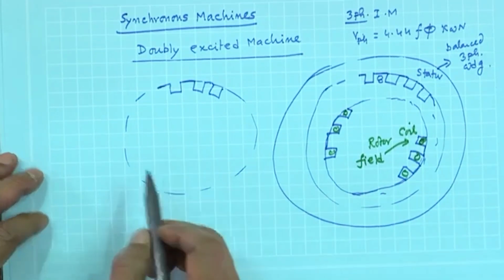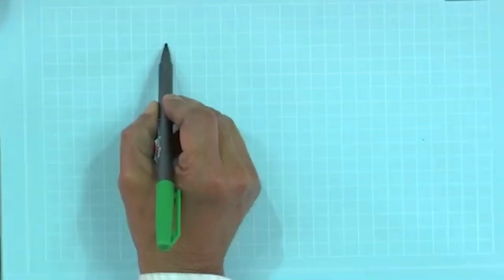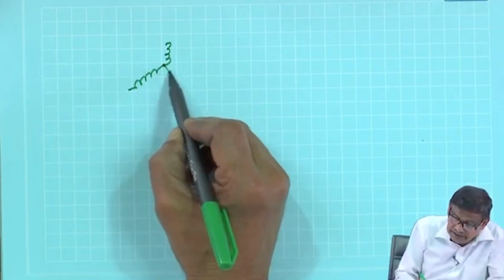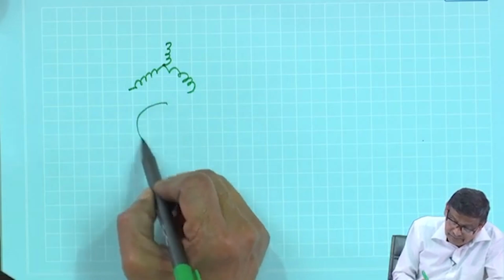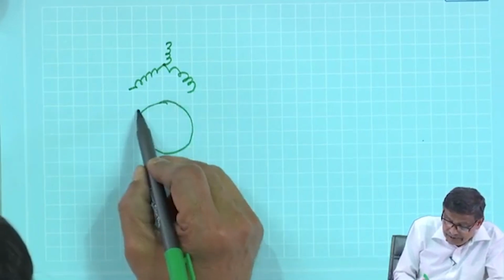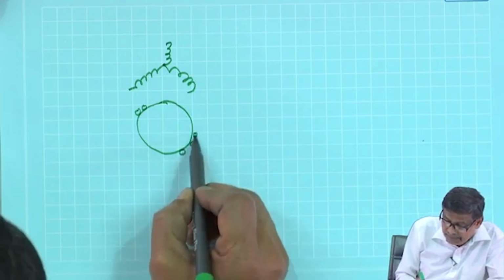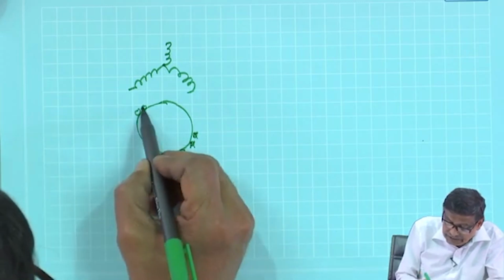Therefore, symbolically it will look like this: on the stator you will have a 3-phase winding, and on the rotor you pass DC current, say cross, and this is dot.